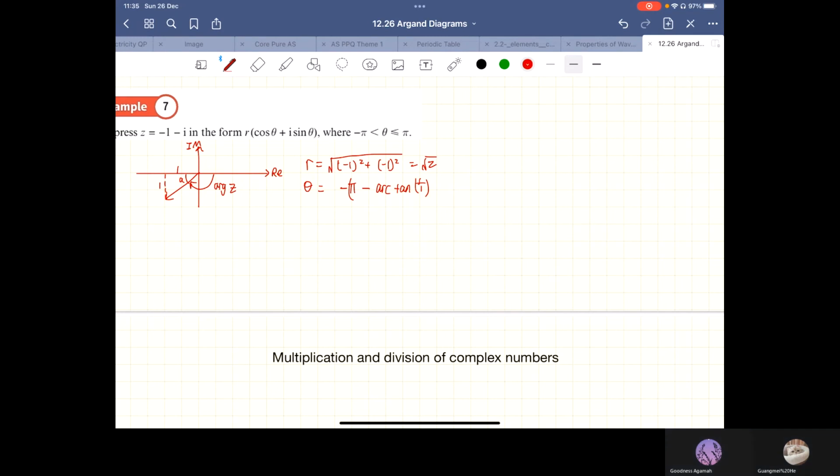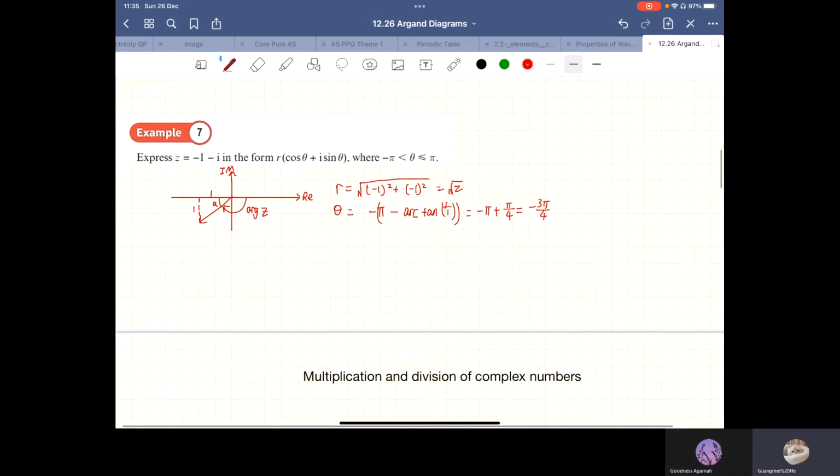Yes. And if we simplify that, we should get -pi plus pi over 4, I think. Yep. Is equal to -3 pi over 4. You get the same answer? Yes. Okay.